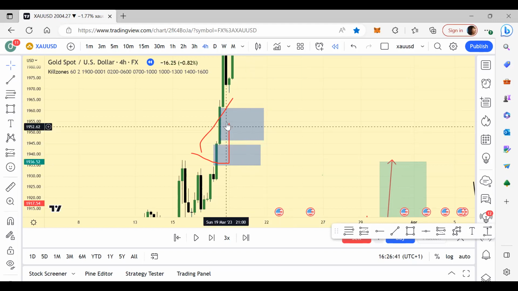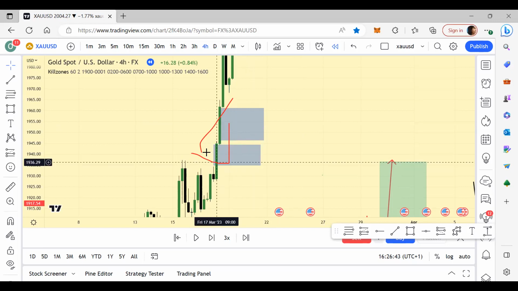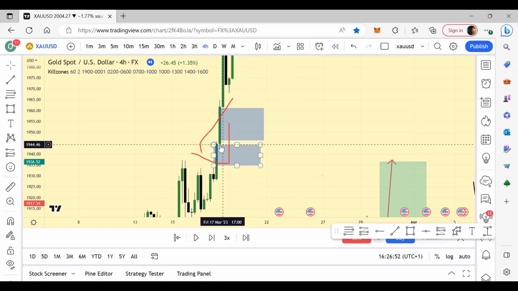Ade was just drawing the imbalance basically. And I was just saying that he drew this whole thing as an imbalance, and that no, the whole thing cannot be an imbalance because the wick here touched the wick of this one.